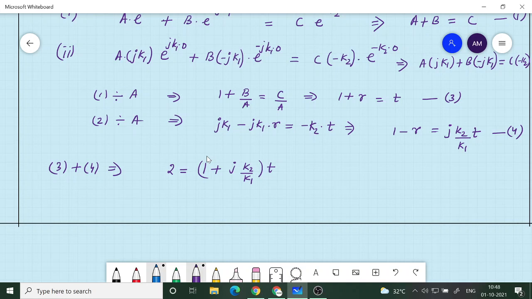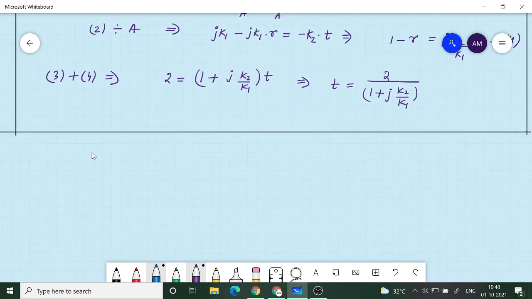Okay, so this is what we will get. Or I can say t is obtained as 2 by 1 plus j k2 by k1. Okay, so what is t? T is basically c by a.